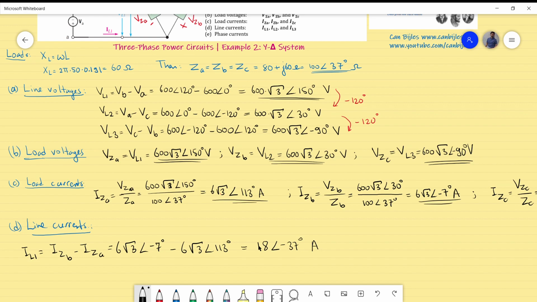So what you actually have is the following. You multiply this by square root of 3 and you will get this. That's actually the analysis here.